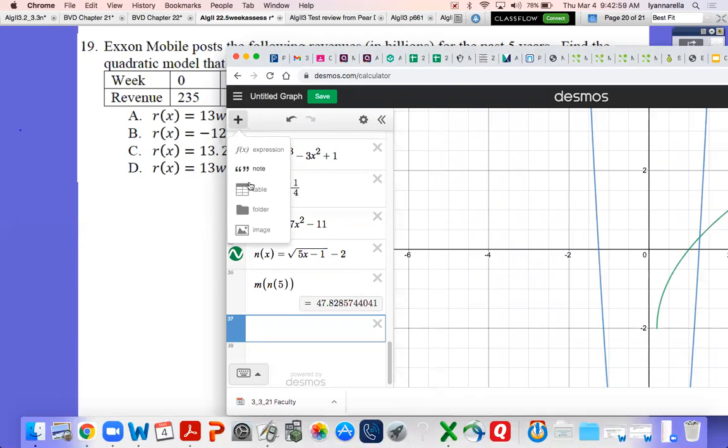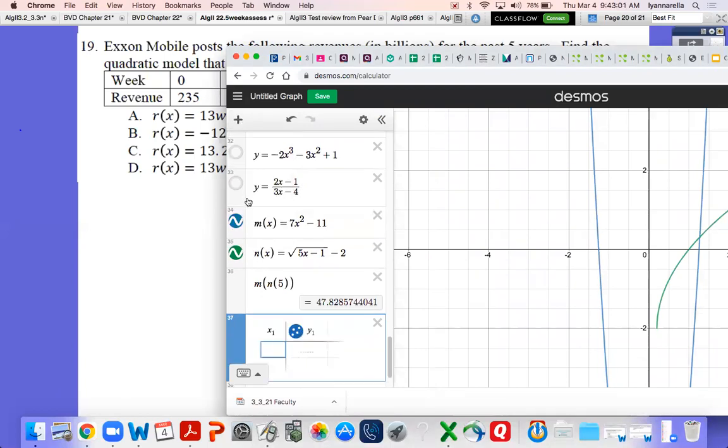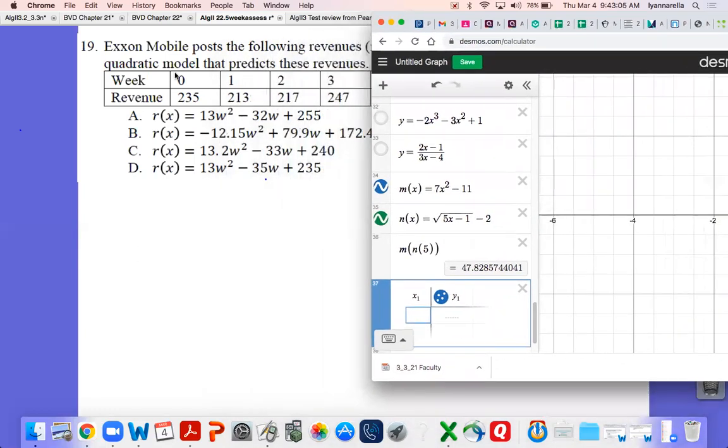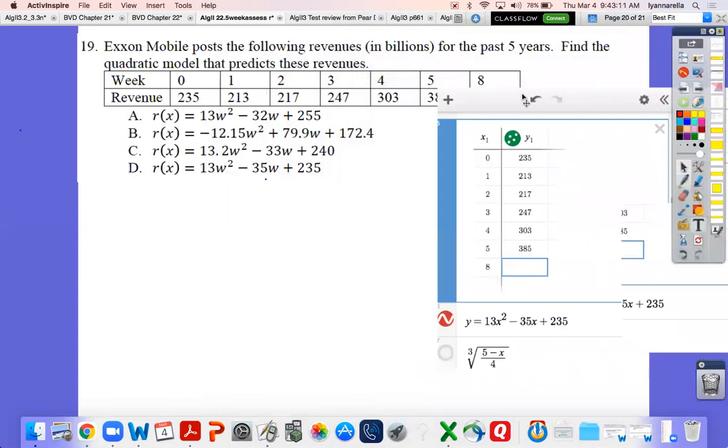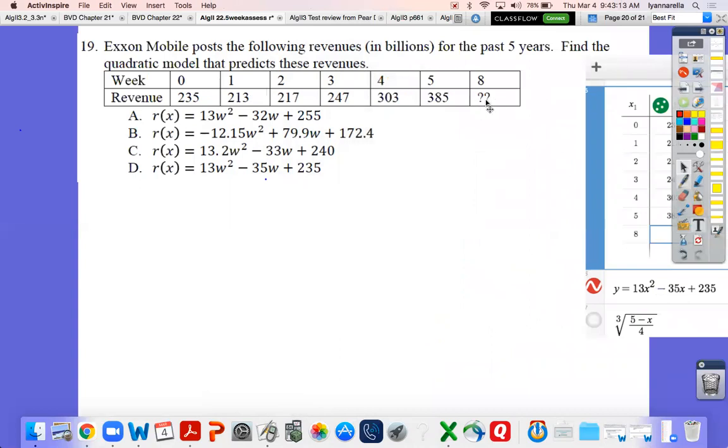So for that plus symbol, I can actually choose a table and it will let me put all of those points in. So I'm going to put in 0, 1, 2, 3, all the way up to the whole ordered pairs I have. I can't use a blank spot, so I'm going to stop at 5. So I'm going to put in 0, 1, 2, 3, 4, and 5 in Desmos.